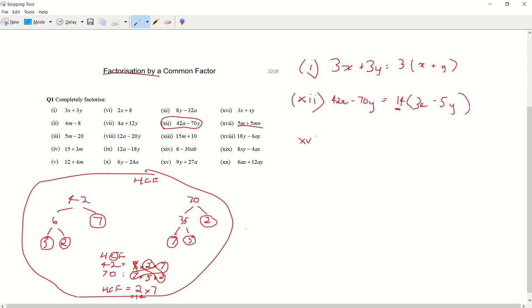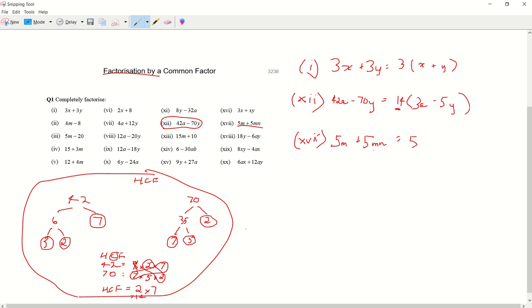It's the 17th one. 5m plus 5mn equals. Now, the highest common factor in terms of the numbers there is 5.